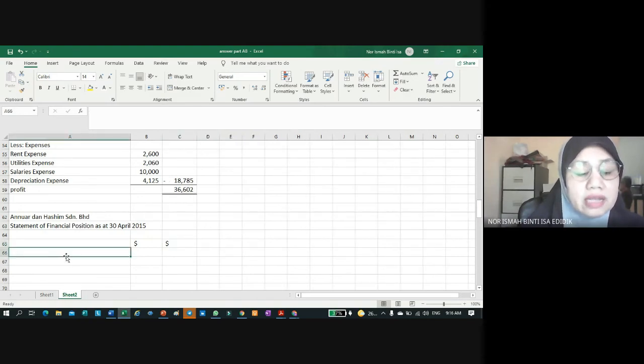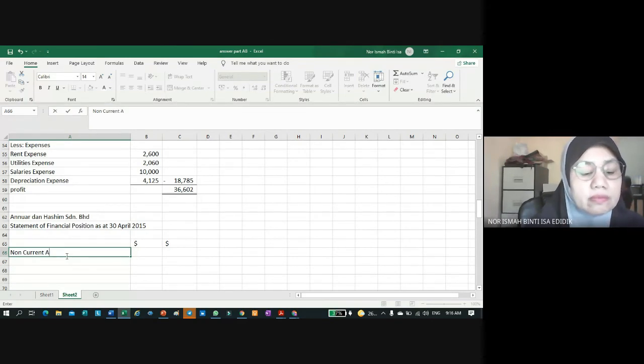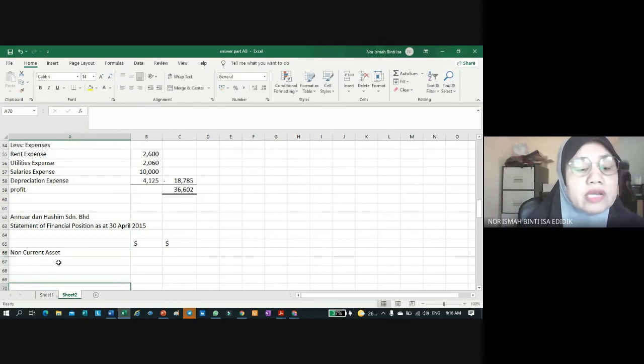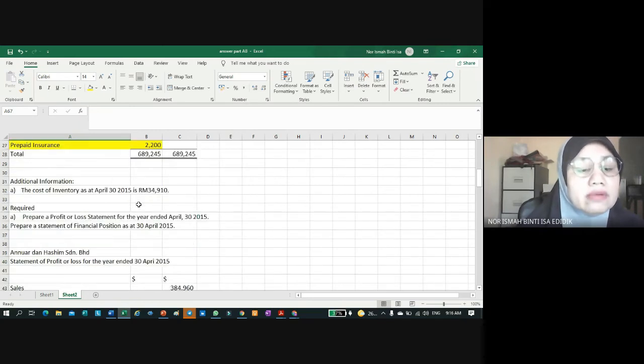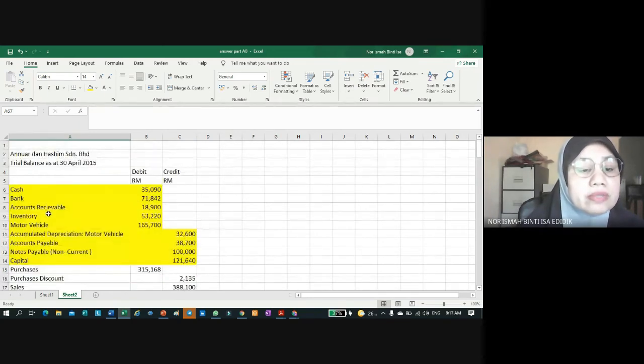Okay, kita start dengan non-current asset dahulu. Kalau bawah non-current asset, kita ada satu sahaja which is motor vehicle.